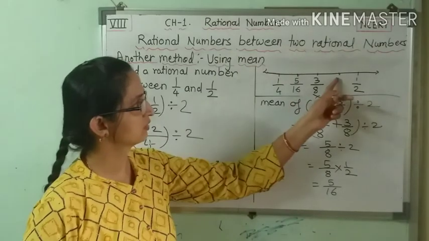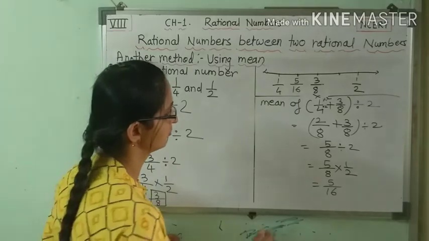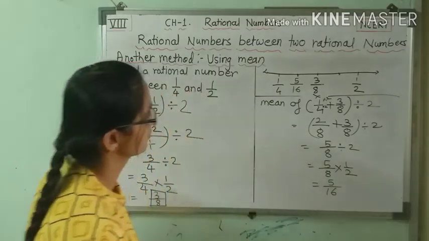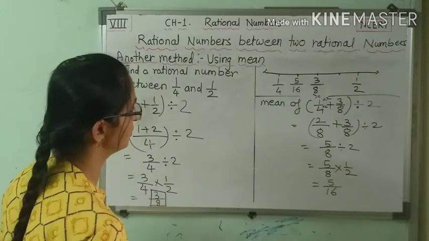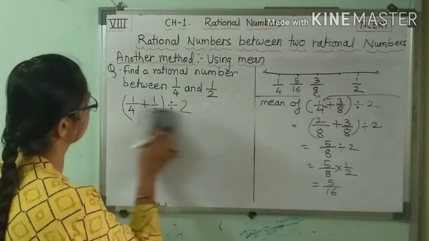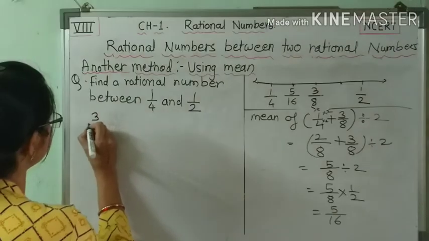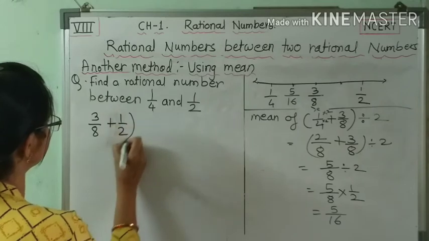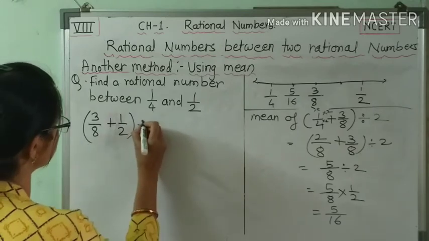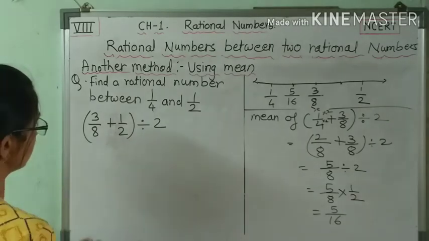We can find the number between these two rational numbers also. Again, for that, take the mean of 3 upon 8 and 1 upon 2. Addition of these two, divided by 2. Let us first calculate the LCM.